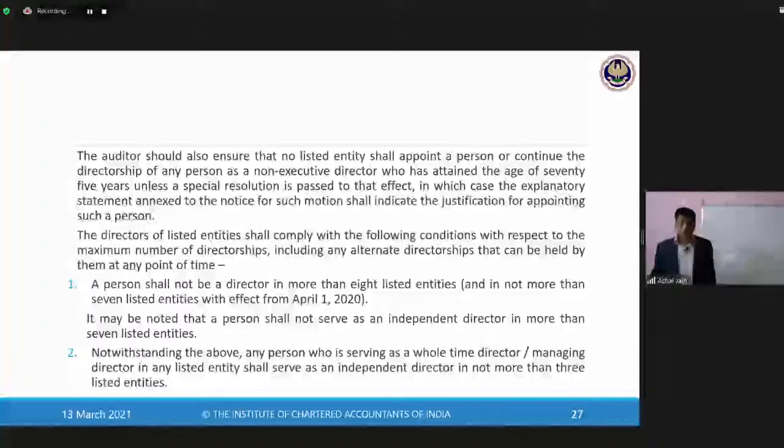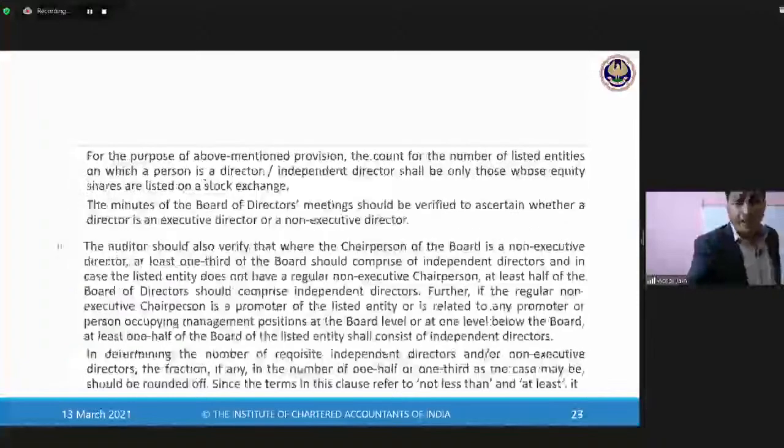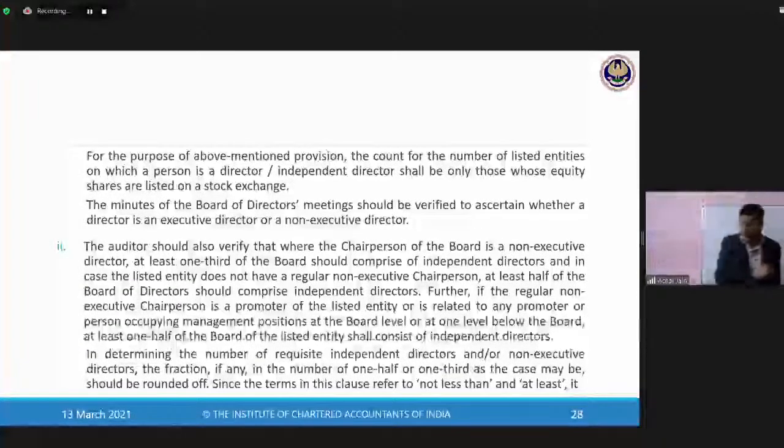The directors of the listed company shall comply with the following conditions with respect to maximum number of directorships. A person shall not be a director in 8 listed entities, which is now 7 listed entities. Notwithstanding anything above, a person who may be serving as a whole-time director in any listed company shall serve as independent director in no more than 3 companies.